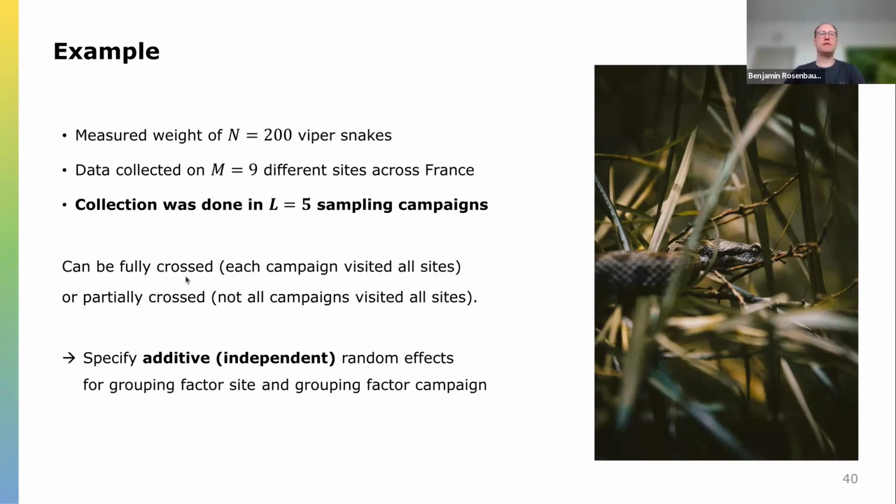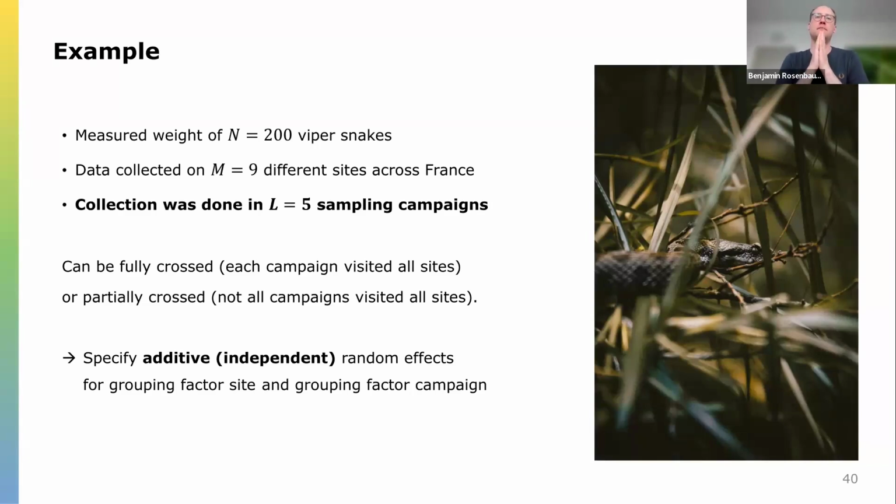So this can be fully crossed, right? So site and campaigns can be fully crossed, which means that each campaign visited all the sites, or it can also be partially crossed. Not all campaigns visited all sites, which means that, on the other hand, not all sites have been visited by all campaigns. We are still interested in the overall mean, the overall body size of snakes.